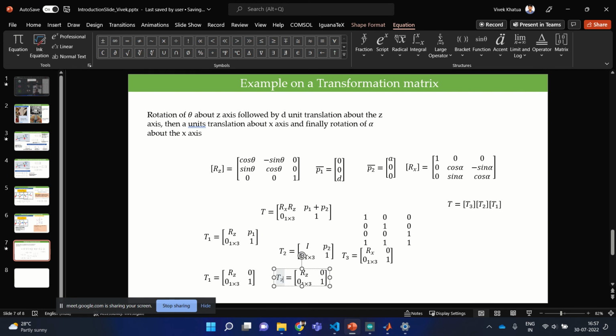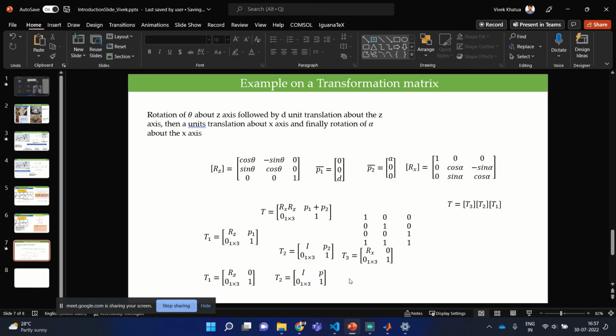Let's do the simplest way. Now I don't have any rotation, so this is going to be an identity matrix. And this will be my translation. And then I have rotation about the y-axis.